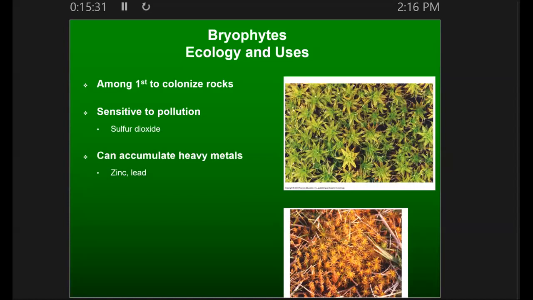They just absorb everything. Well, not everything, but they can absorb certainly an overdose of zinc and lead due to our pollution events. And so again, you have to think about that when you look around and you're hiking around. We have a lot of bryophytes around here.